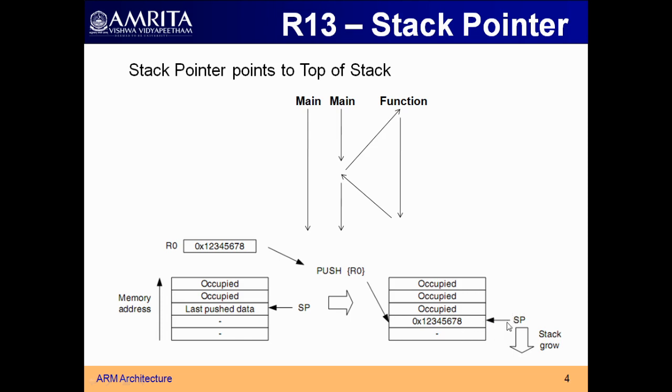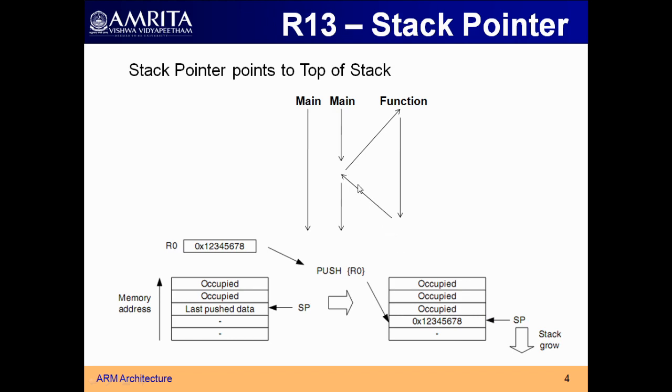So the stack pointer will give the starting location of the stack, or the latest location of the stack will be pointed by the stack pointer. So stack pointer points to the top of stack. Top of stack is the latest point where you have stored the data, right? So that is a function of stack pointer.